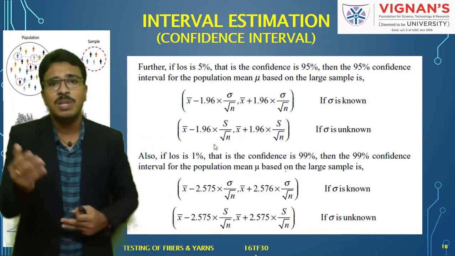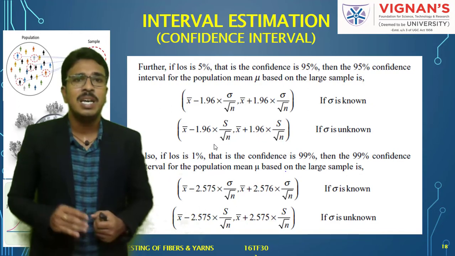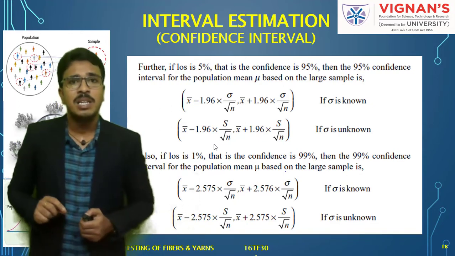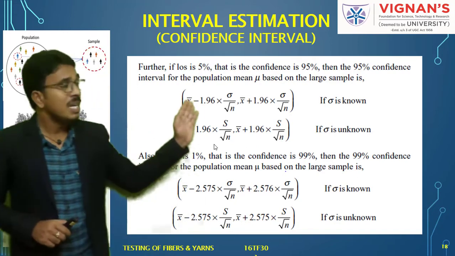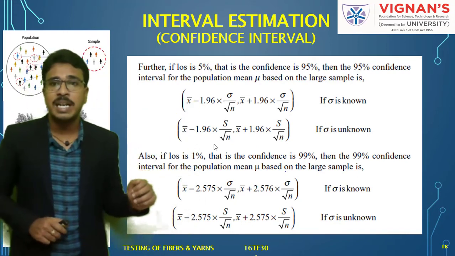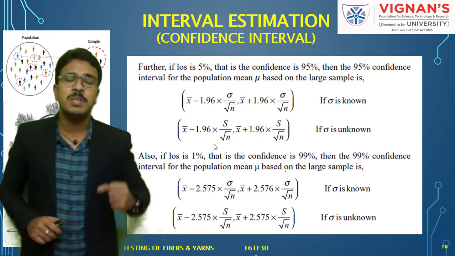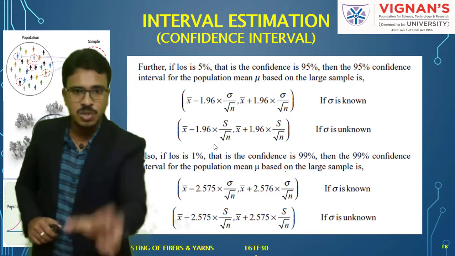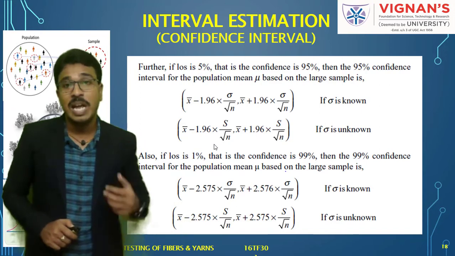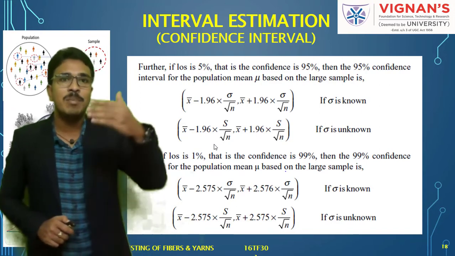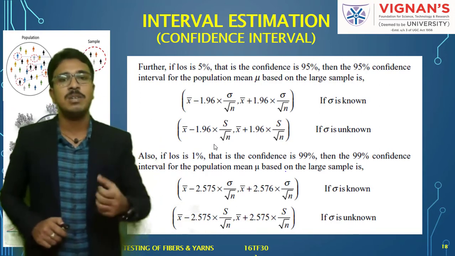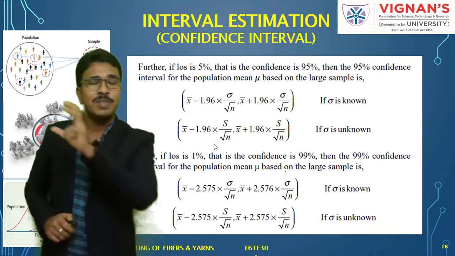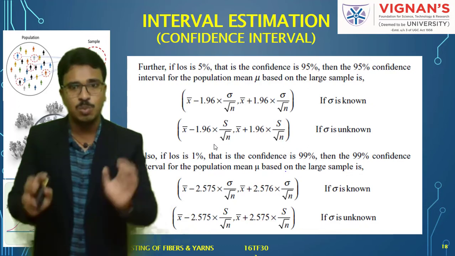Now in the second instance, you can take the level of significance as 1%. That means the confidence level is 99%. So with 99% confidence, I am saying that the mean value lies between these two values only. Likewise, in the above case with 95% confidence, the mean of the population lies between these two.